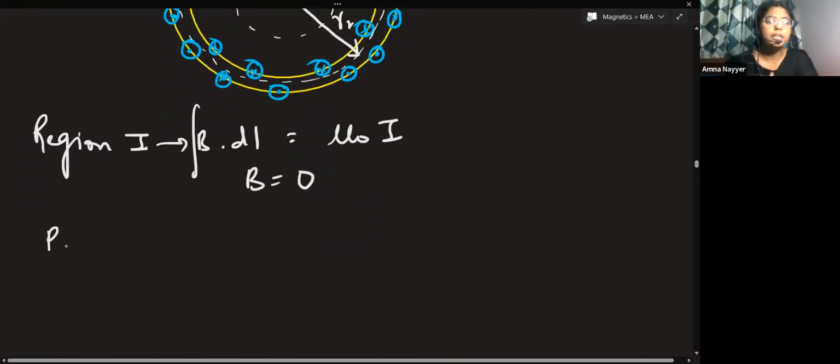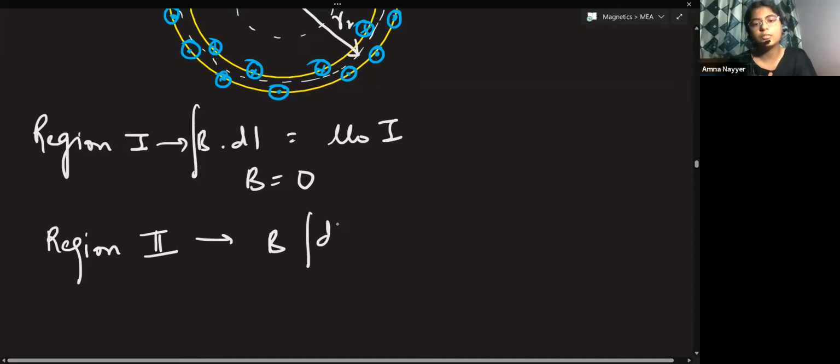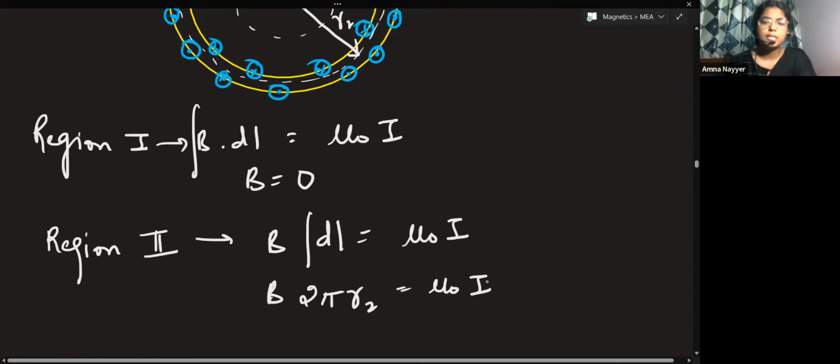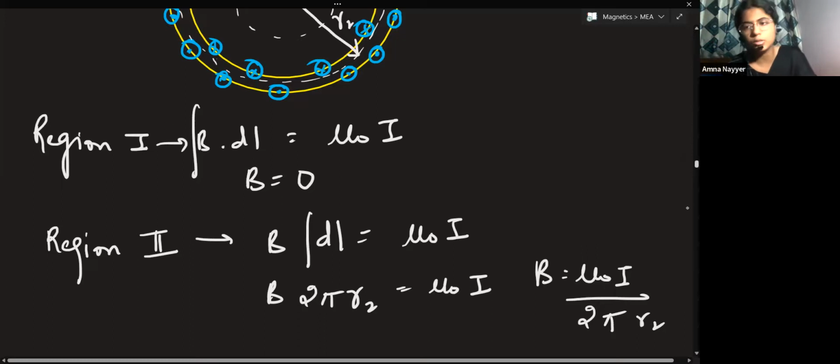So for region 2, B times the integral of dl equals mu naught I. So B into 2 pi R2 will be equal to mu naught I. Clear? So the magnetic field will be equal to mu naught I divided by 2 pi R2. Region 2 has been solved.